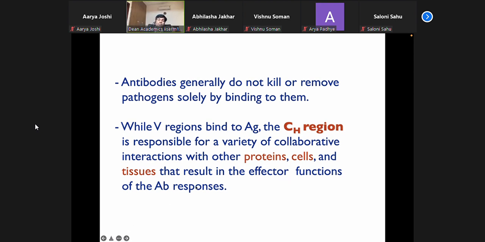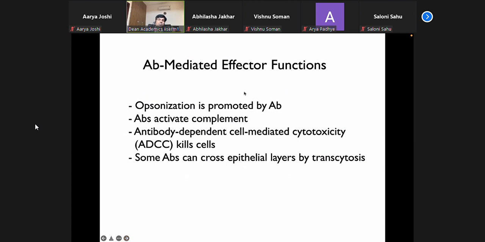Now, the take-home message from this statement is that the CH region is responsible for the effector function of the antibody molecule, right? So these are the effector functions. One of them is opsonization, which is promoted by antibody. Second is activation of the complement system. Third is antibody-dependent cell-mediated cytotoxicity.